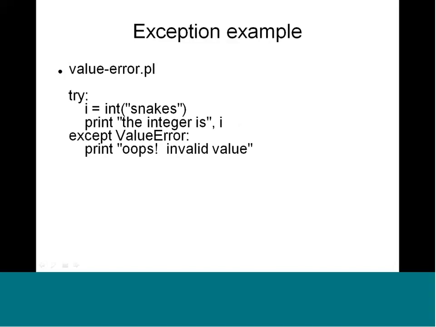So here we say try, i equal to int of snakes, and then print the integer is something, except value error. Here we omitted that as variable, print oops, invalid value.